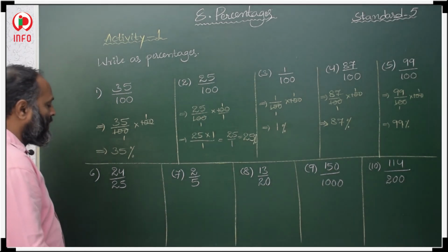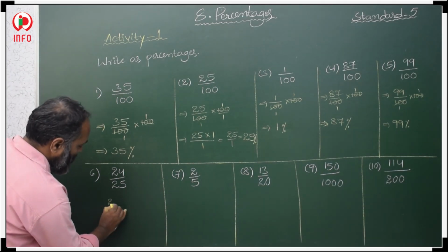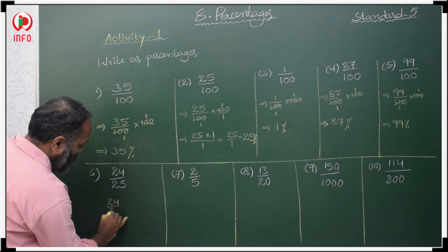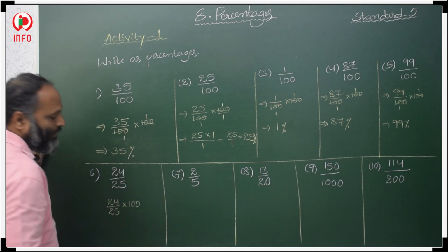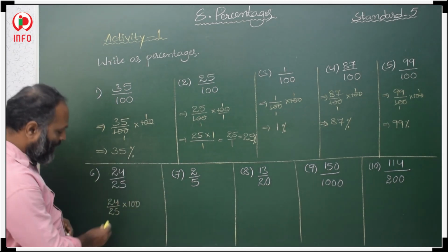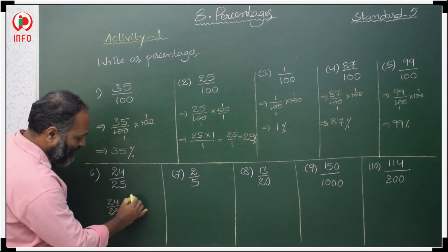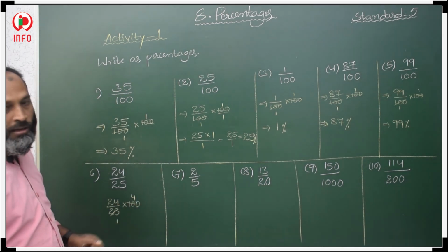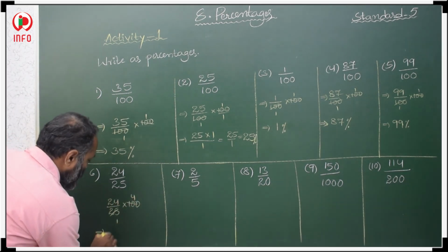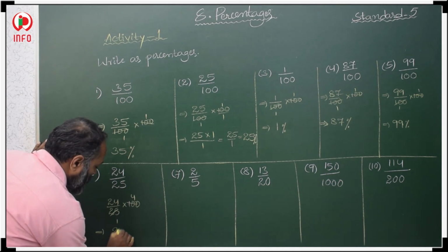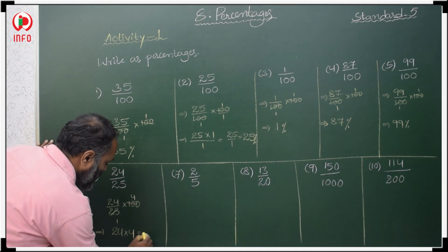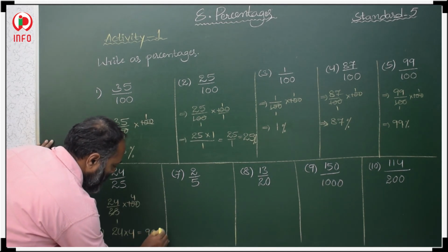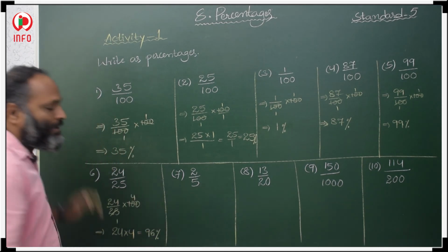The given fraction, we take 24 by 25 into 100. Percentage means 100. 25 ones are 25, 25 fours are 100. Then what is left? 24 into 4, which is 96%.